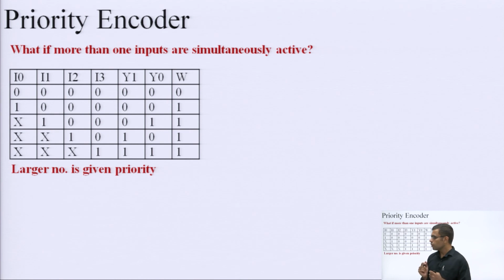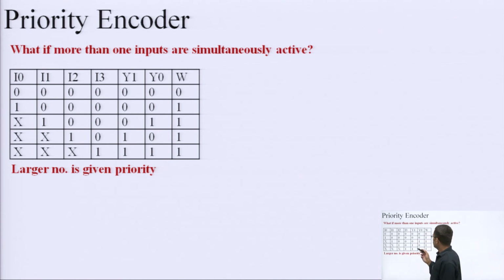So, that circuit needs to assign priority to the simultaneously high inputs. We can assign priority to the higher number, or to the lower number, and that has to be taken care of while preparing the truth table of that priority encoder.